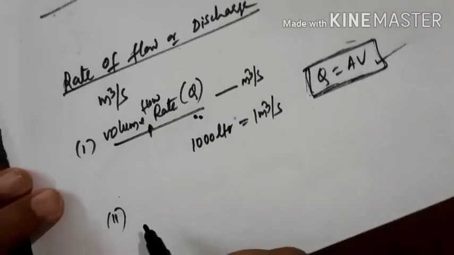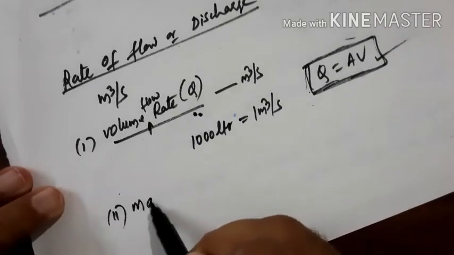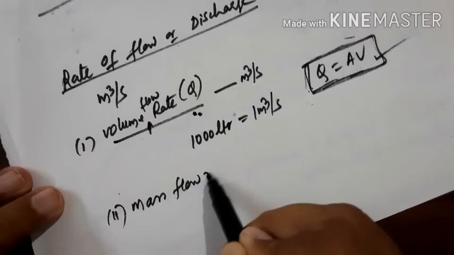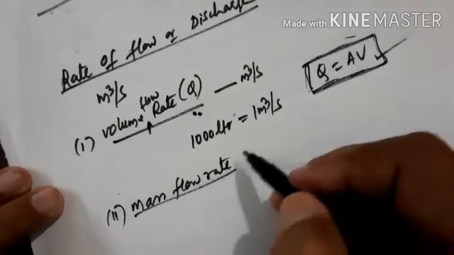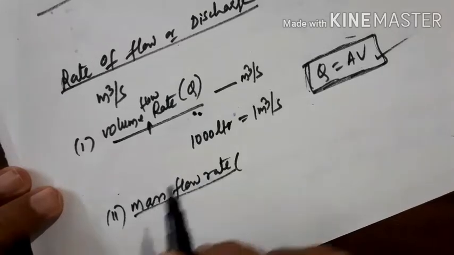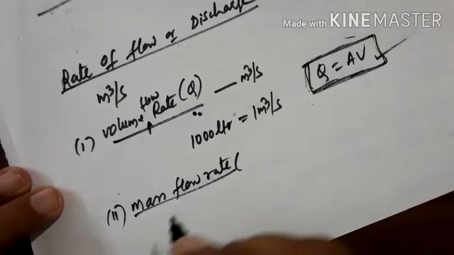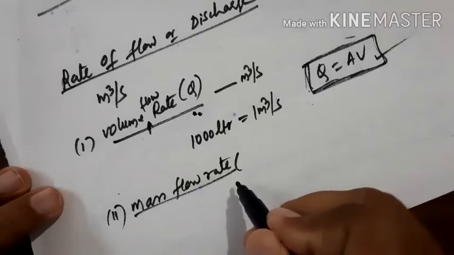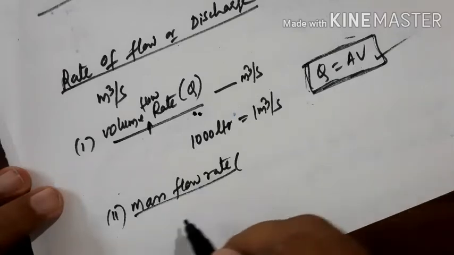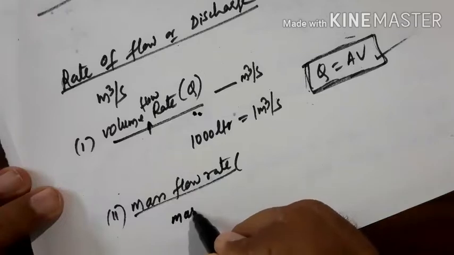Second parameter is mass flow rate. It is the mass of fluid flowing across the section in unit time, mass per second.